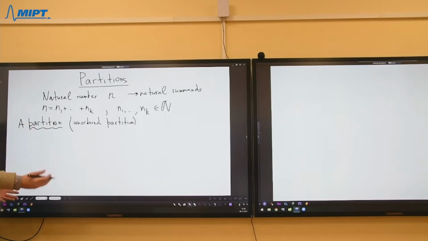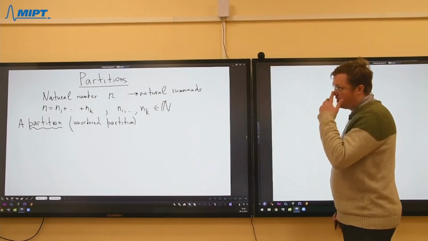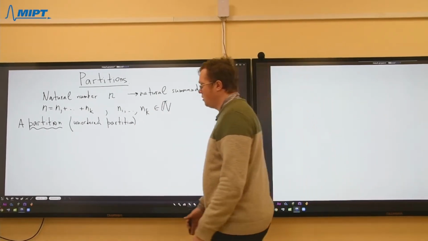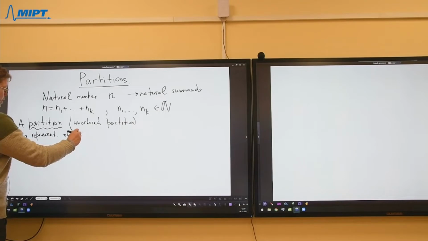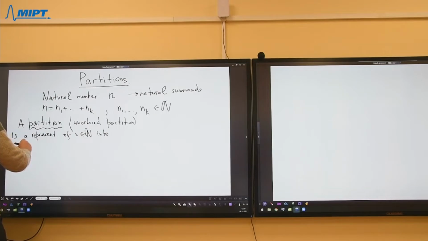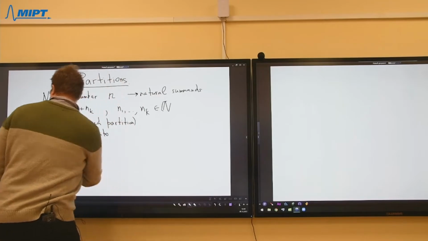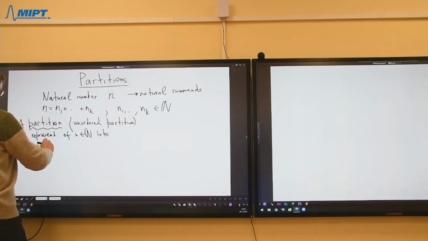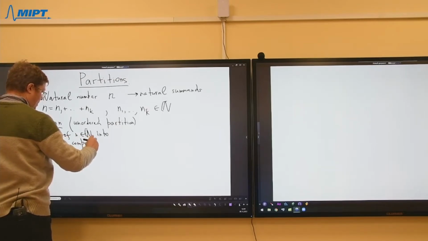If we have a representation of some natural number, we might think about order, but here it doesn't matter.